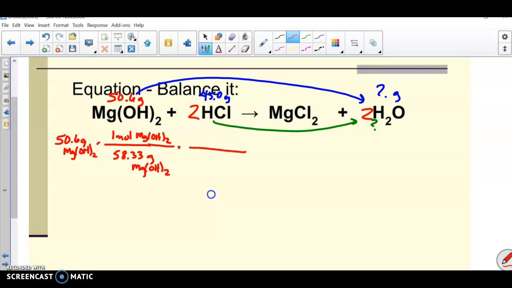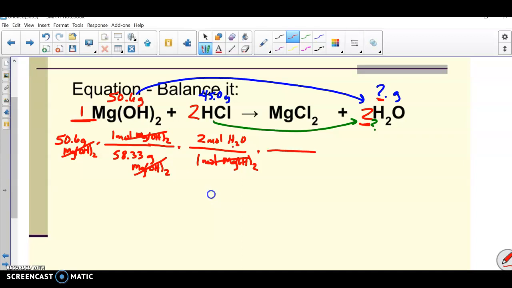Times. The next thing I look at is what's my mole ratio. It's a 1 to 2, because this is the one I'm asking for. So I'm going to go 2 moles of water to 1 mole of magnesium hydroxide. So I got to get moles of magnesium hydroxide to cancel out, just like I got grams to cancel out.